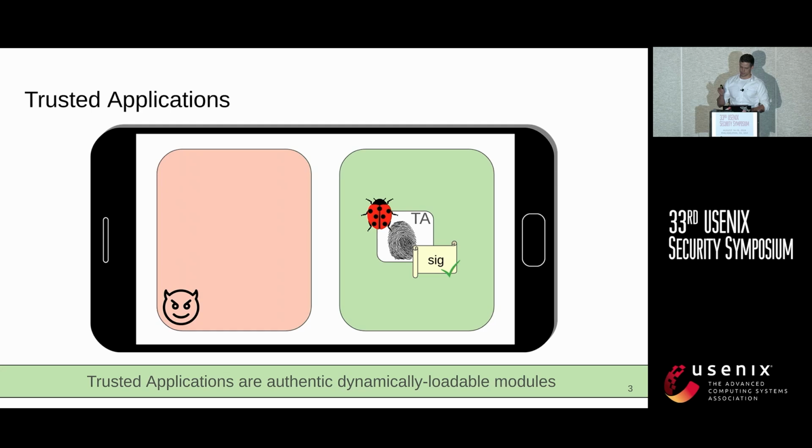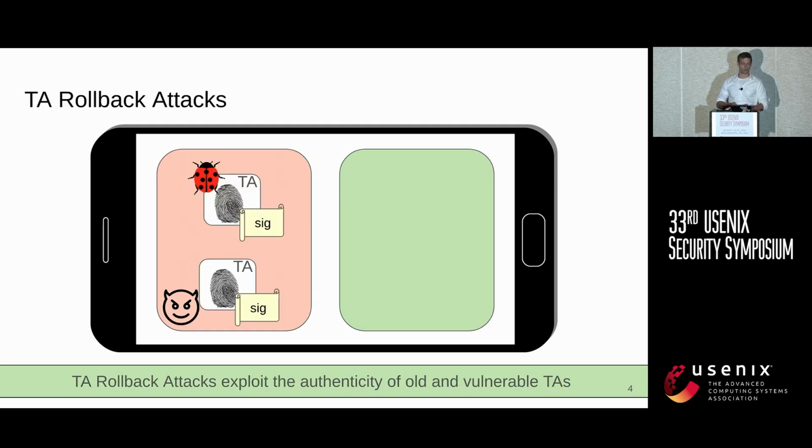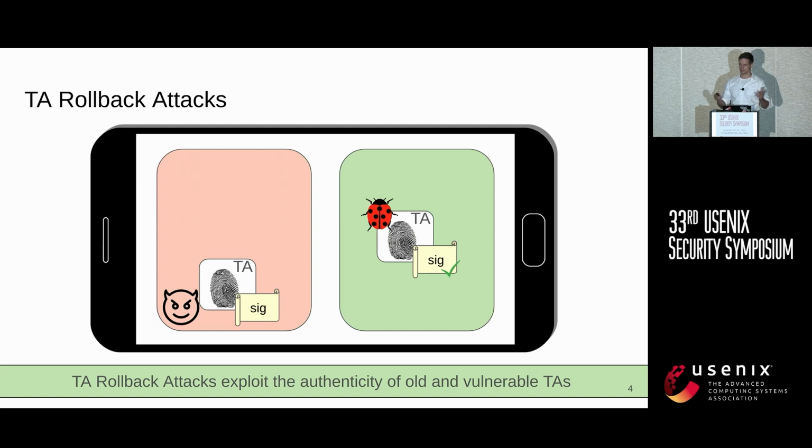We end up in the scenario of rollback attacks. The vendor fixes the vulnerability, but suddenly two versions of the trusted application exist. One of them is vulnerable and the other one is not. Nobody prevents an attacker from taking the old, outdated, and vulnerable version and loading it into the trusted execution environment. We obviously need to do something about this.